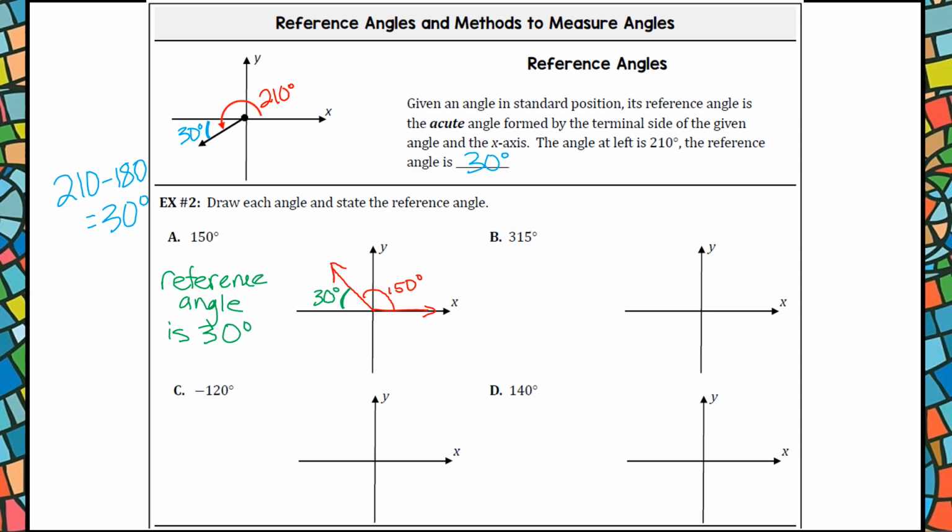So another example here, 315. If I were going to estimate what that angle would look like, 315 degrees is getting close to that 360 degrees. So I'm going to say it's about right here, and it would be this big angle right there. And so that would be the original angle, 315 degrees. The reference angle then would be the smaller one right here between that terminal side and the x-axis.